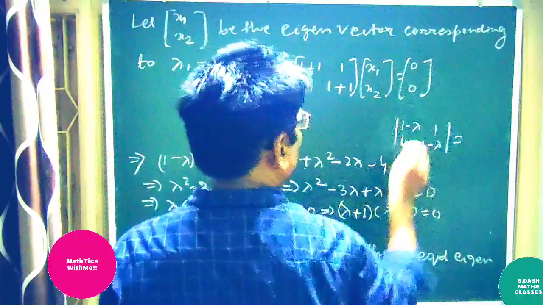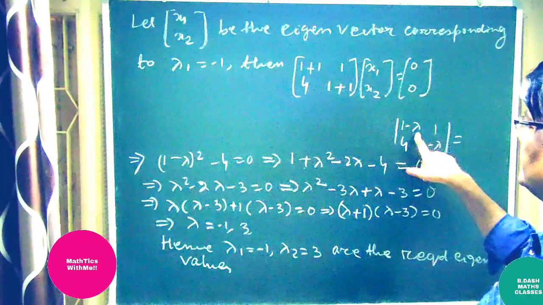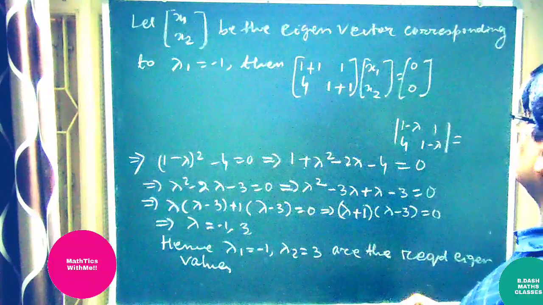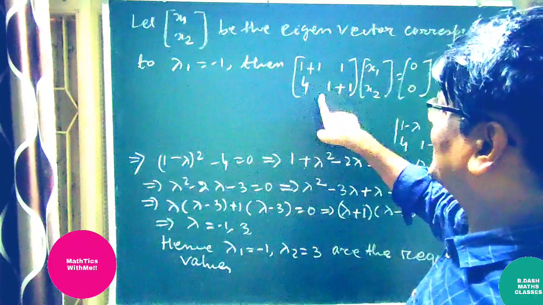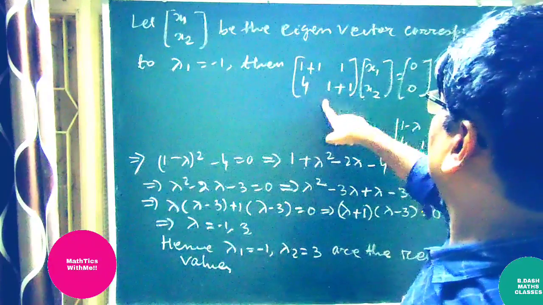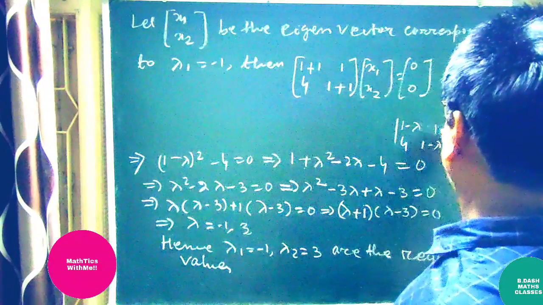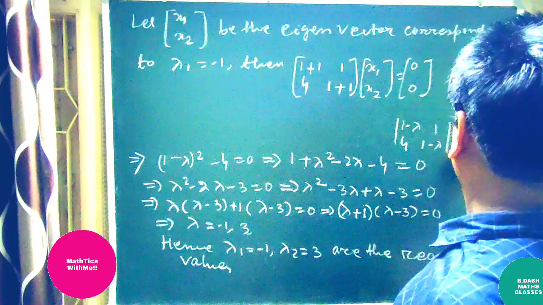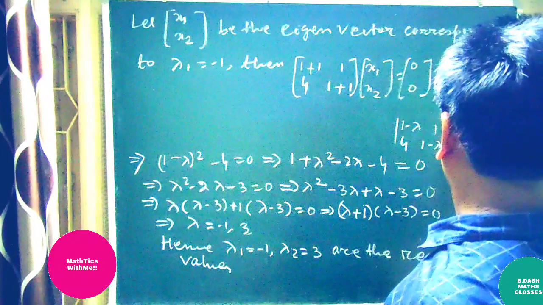So what actually we have done? We are putting minus 1 in place of lambda. So the eigen matrix of A multiplied with [x1, x2] is equal to 0. So here the eigen matrix is [1 minus lambda, 1; 4, 1 minus lambda].